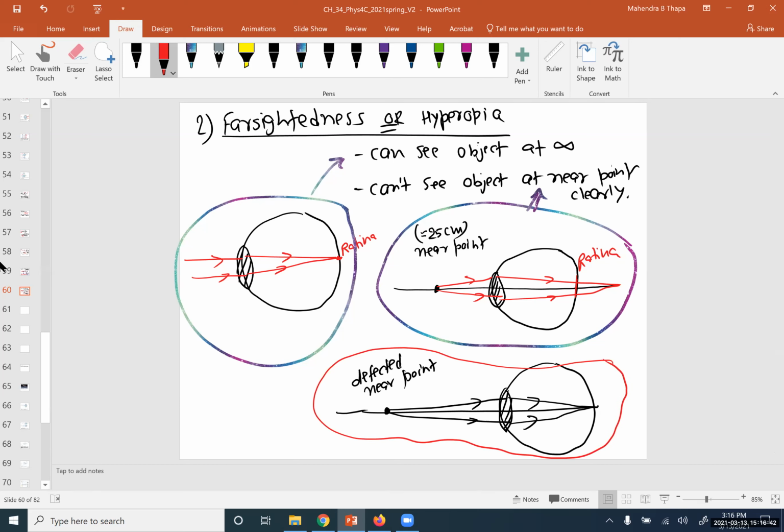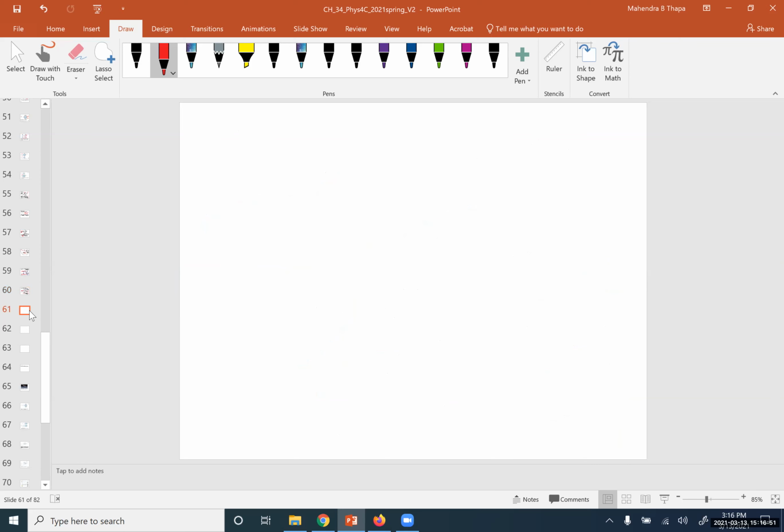So to remove this kind of defect, we know clearly we have to use the convex lens.